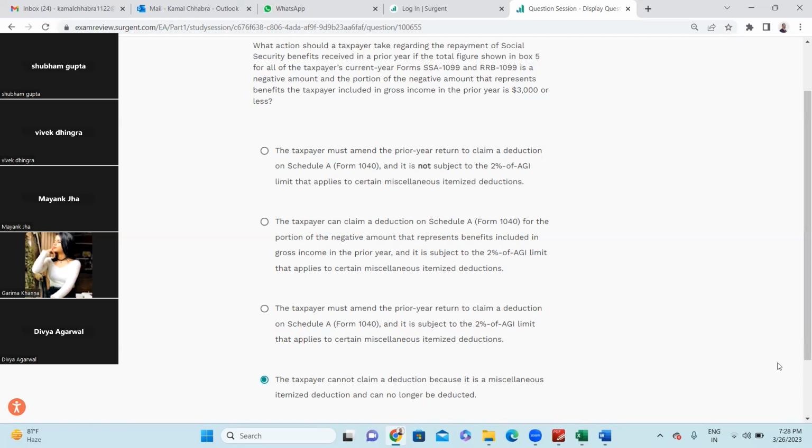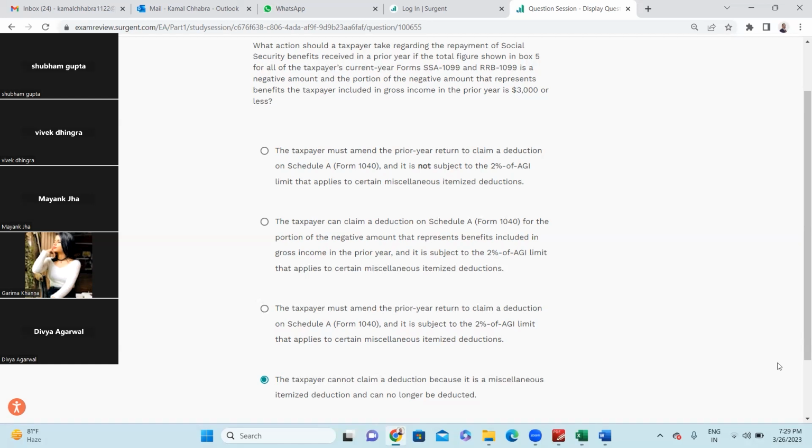Okay, how about others? Shubham, Garima. Sir, option third. Why? Why option third, Garima? Just confused between option third and fourth, so just a guess, yes, sir.